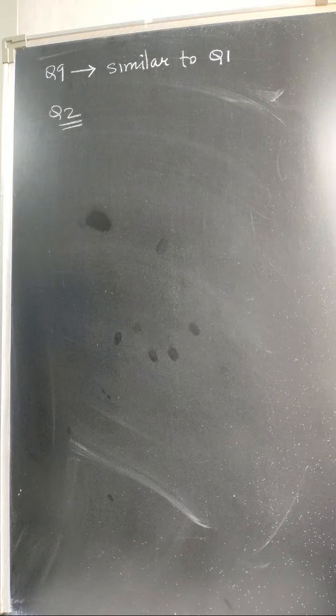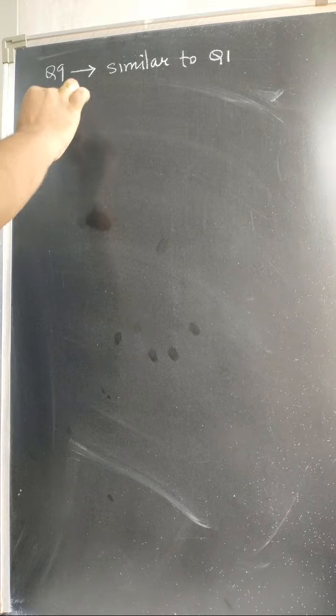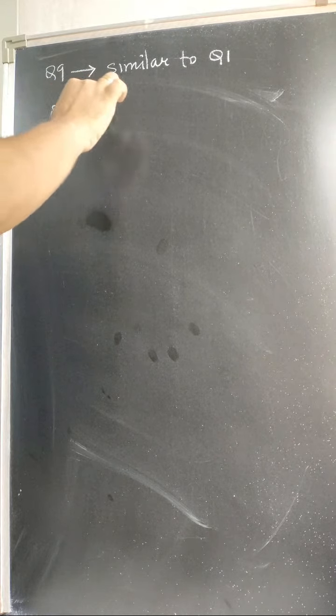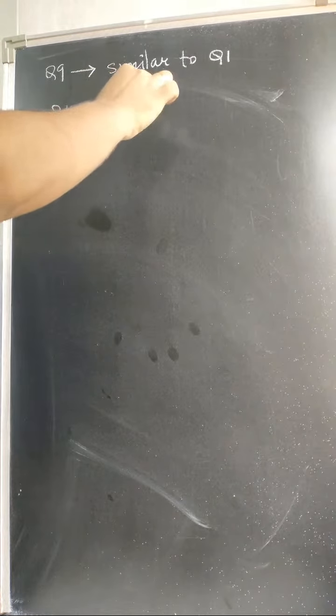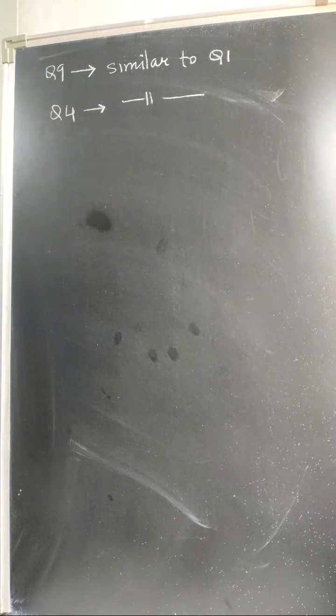A tuning fork C produces 8 beats per second. Okay, students, before we proceed with this question, I would like you all to pay attention to question 4, and question 4 is also similar to question 1.